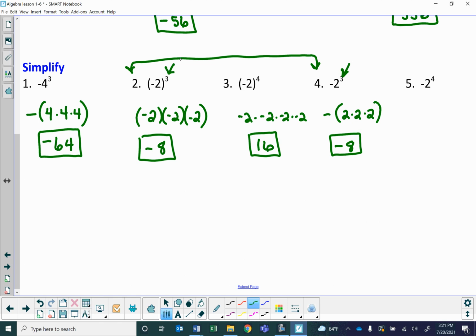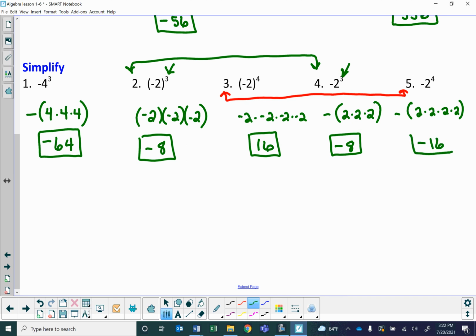Like if we look at problem number 3 and problem number 5 here. Problem 3 is negative 2 to the fourth, and problem 5 is the opposite of 2 to the fourth. So problem 5 says we're taking the opposite of 2 times 2 times 2 times 2. That's going to be 16, and we take the opposite of that, so it's negative 16.